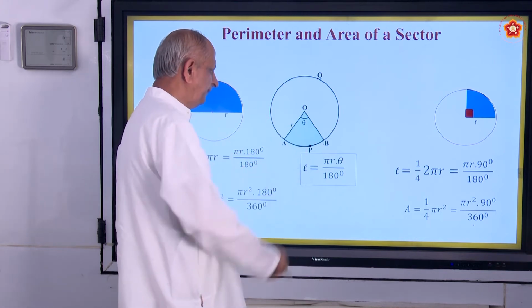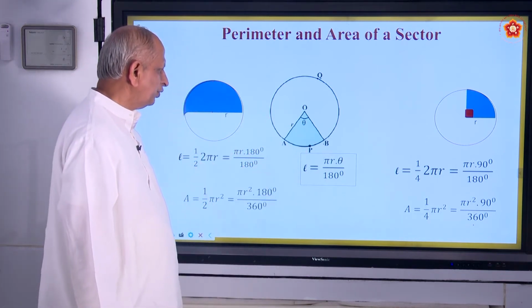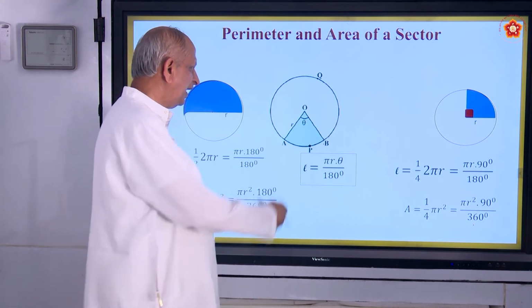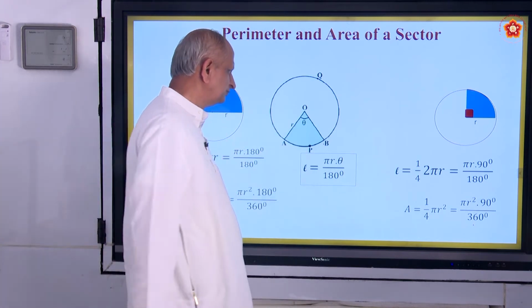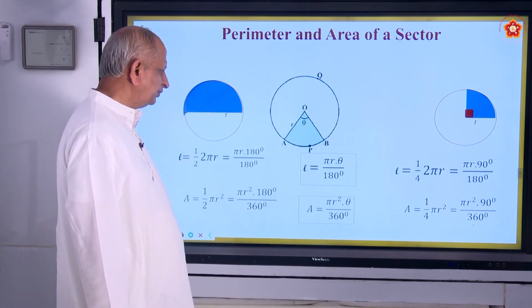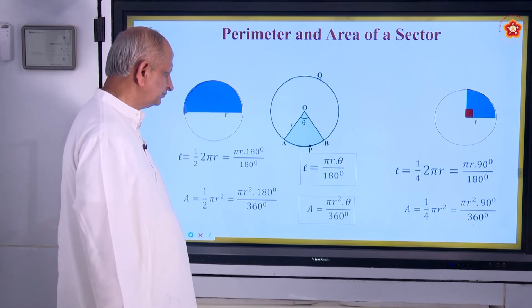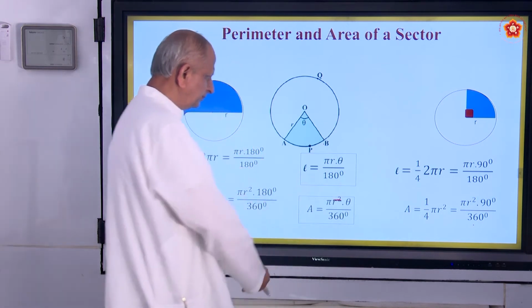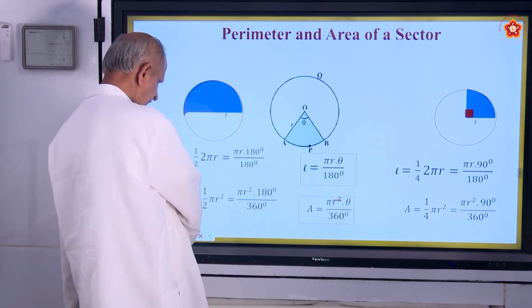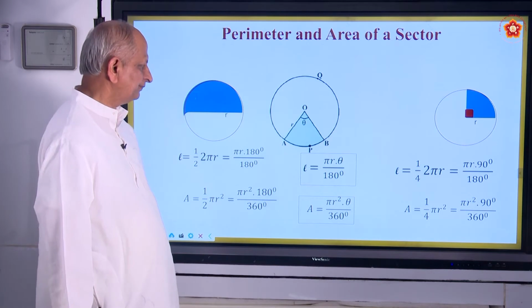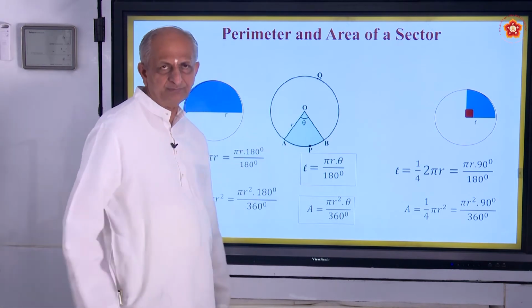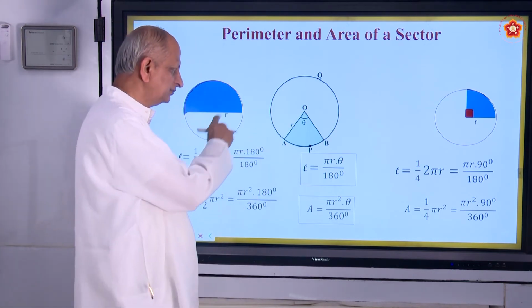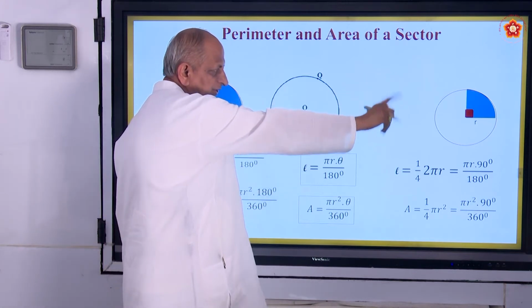This APB. So, pi is 22 by 7, r is the radius, theta is the angle. And coming to area of the sector will be pi r square theta by 360 degrees. So, note these formulas. This is semicircle, this is sector, this is quadrant.